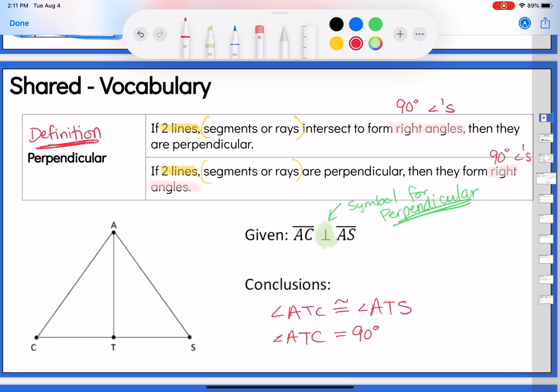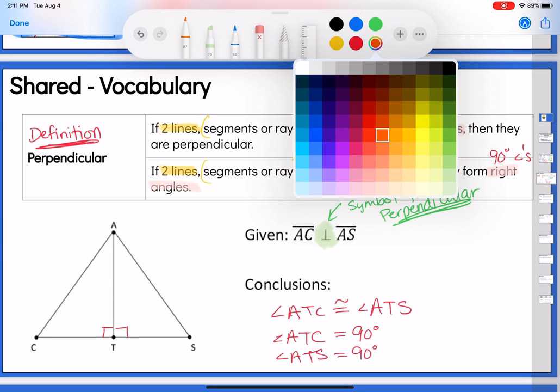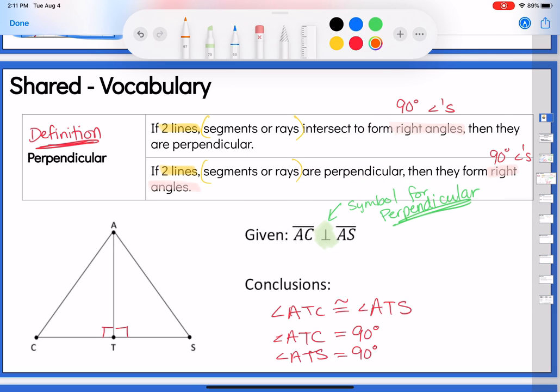Well, that says that these angles down here and angle ATS equals 90 degrees. Those are very common ones. Then I also get ones that say angle CAS equals 90 degrees up here. So the question is, which ones of those are right?